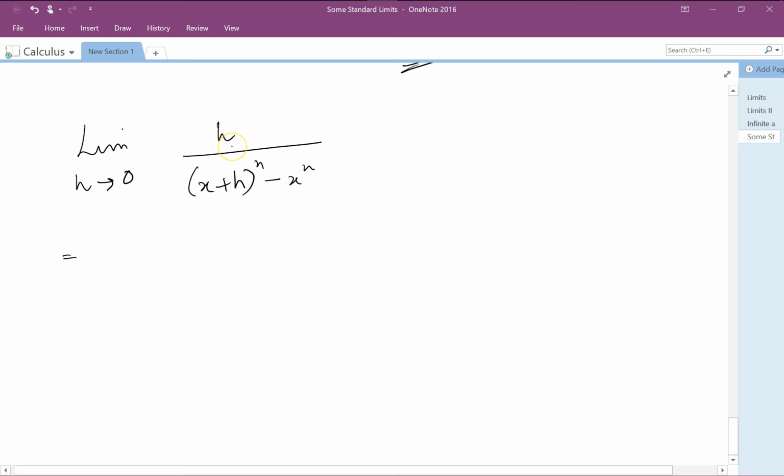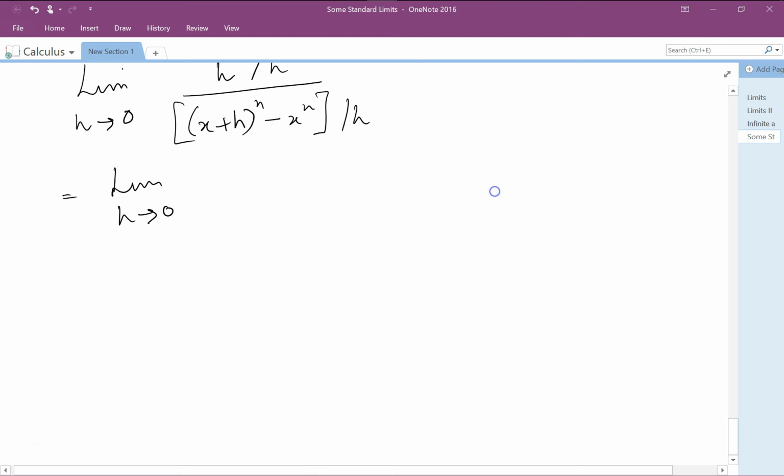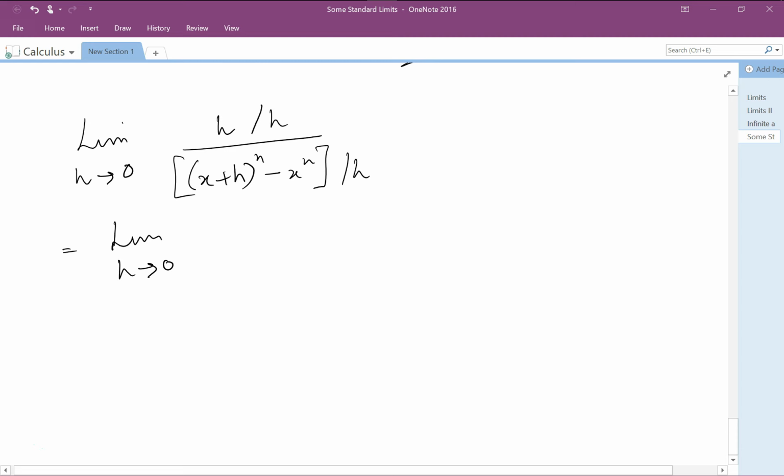Let's do one thing. h approaches 0. Let's divide both numerator and denominator by h. So this gets divided by h, and this gets divided by h. Possible? Yes. So h by h becomes 1 above, and this becomes x plus h to the power of n minus x to the power of n by h.